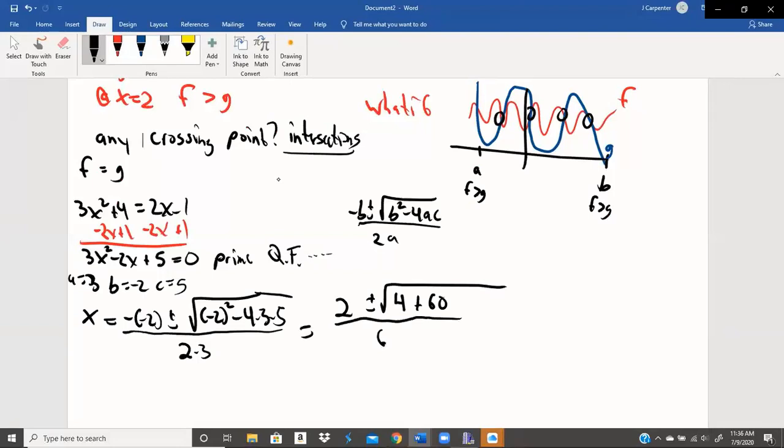How is that going to work? Hold on, I might be rushing too much on my own. B squared did all that right, didn't I? 4 times 3. That's not a plus. Why did I say plus? There's my problem.